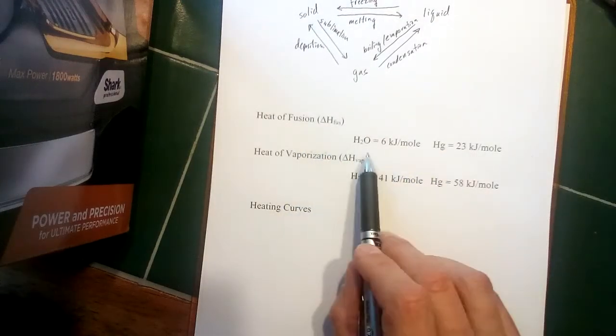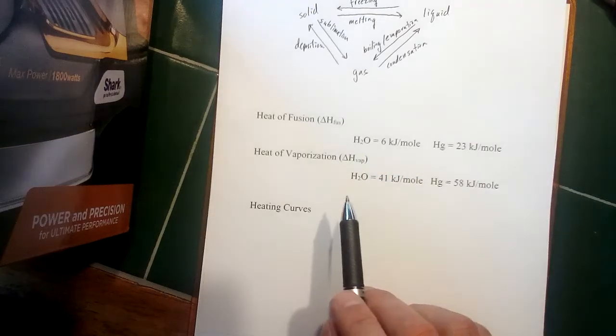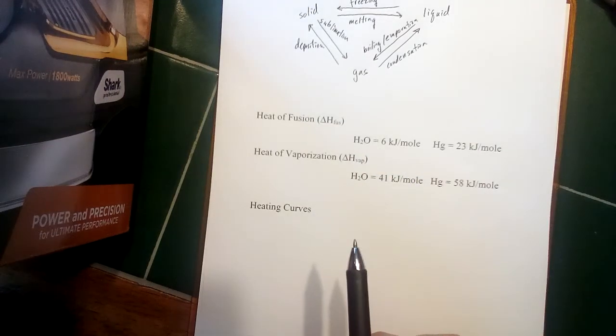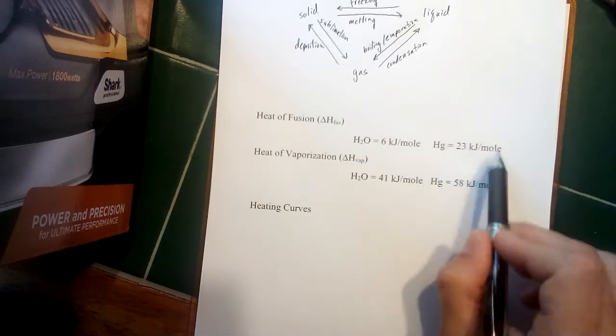Now, I have some information here for a couple of different compounds. So the heat of fusion for water is 6 kilojoules per mole. And what that tells us is there's not a big difference in terms of arrangement between the solid and the liquid. So there's not a big energy dependence on changing from solid to liquid. In mercury, however, there is a fairly big difference in energy between the solid and the liquid.